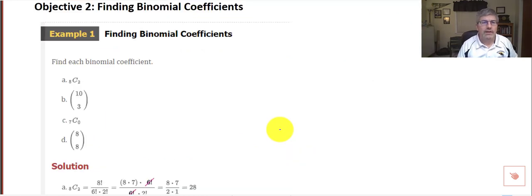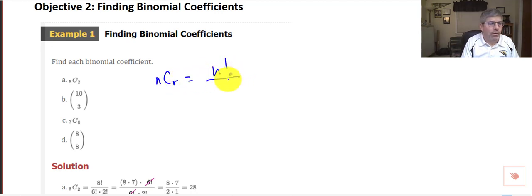In our second objective here, finding binomial coefficients, we'll get a little practice at using what I will call 8 choose 2. So we're going to use our formula that nCr equals n factorial all over n minus r factorial times r factorial.